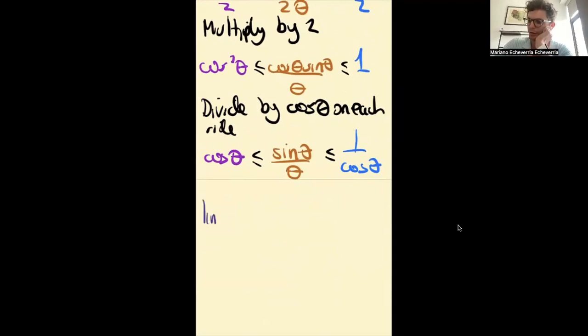So what do you think is the limit as theta goes to 0 of cosine of theta? It's just one, because cosine of zero is one, basically.